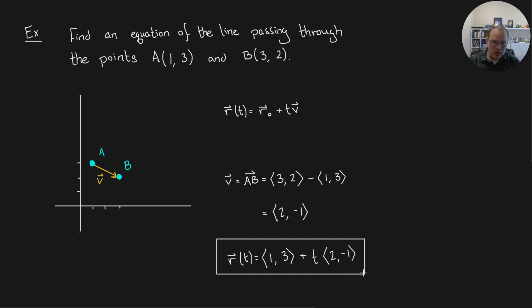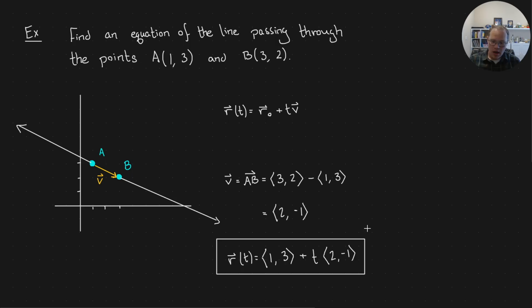And that's my final answer. For different values of t that I plug in, I will get different points on this line. And that's what I'm looking for.